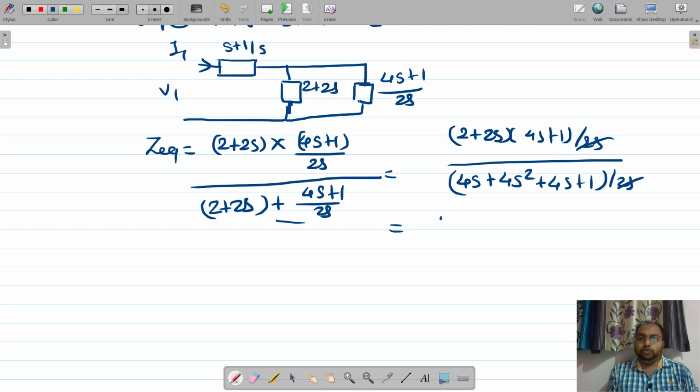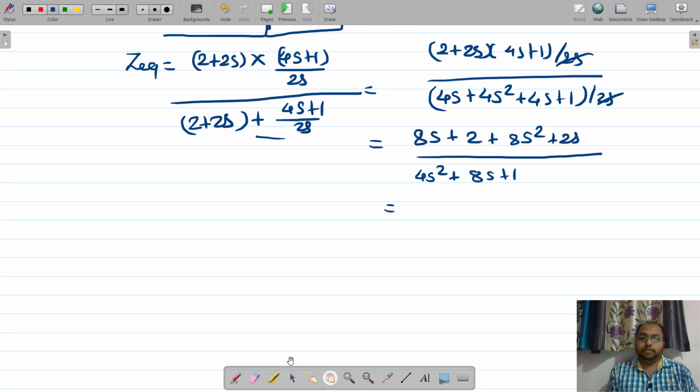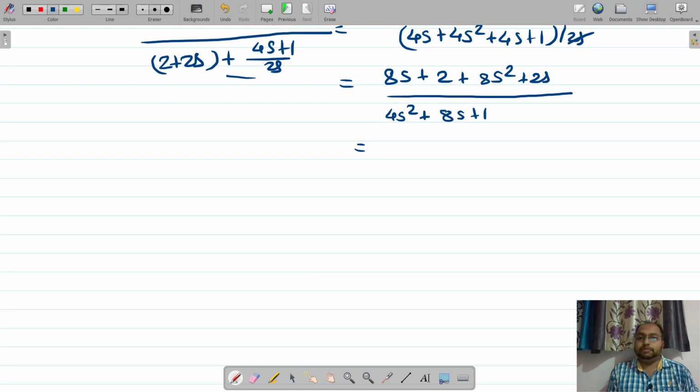4 into 2, 8S plus 2 plus 8S square plus 2S divided by 4S square plus 8S plus 1, and then finally this is going to become 8S square plus 10S plus 2 divided by 4S square plus 8S plus 1, right?